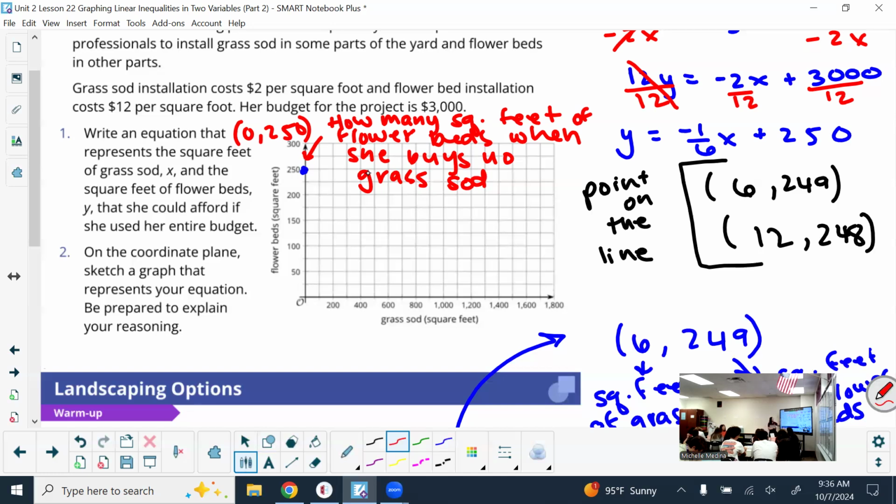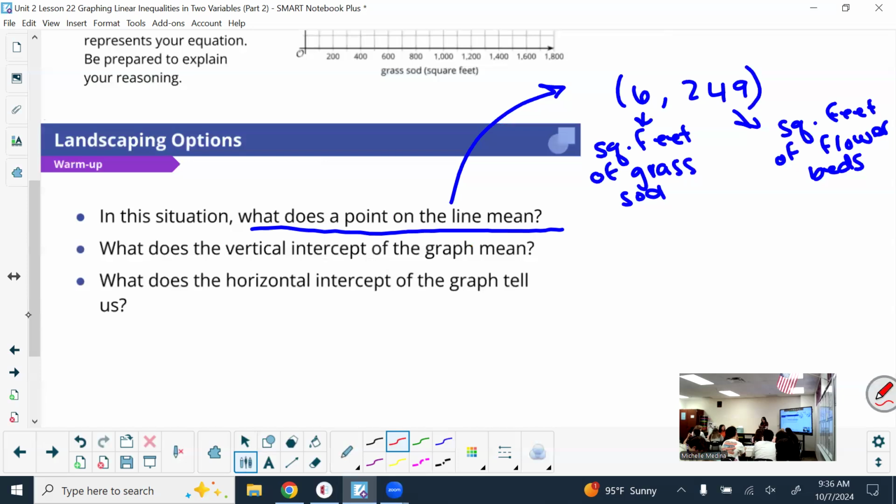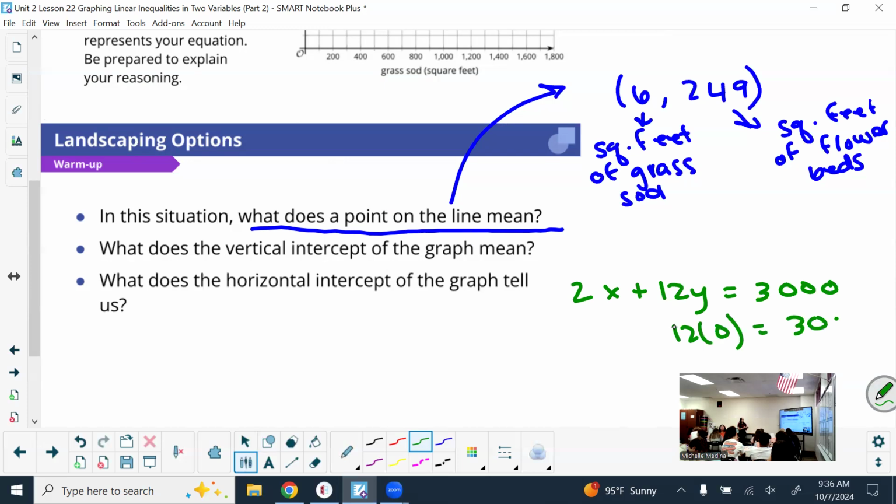So if I take my given equation, which I'll write down here because I'm a little out of room, here is the equation that we made: 2x plus 12y equals 3,000. If I want to find my horizontal intercept, I need to make the flower beds 0, because by definition, your horizontal intercept, your x-intercept, is when y is 0.